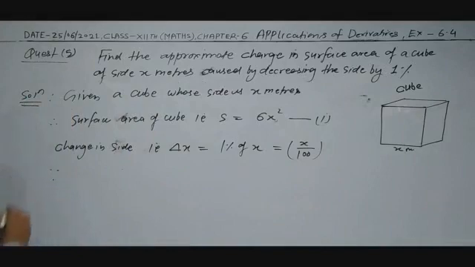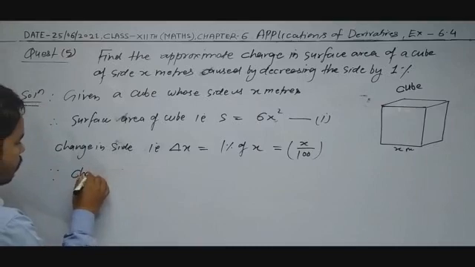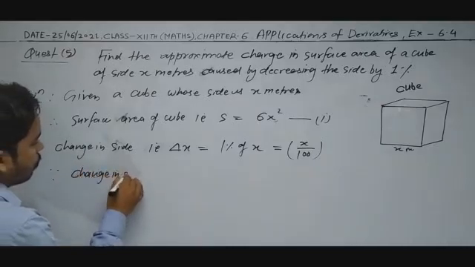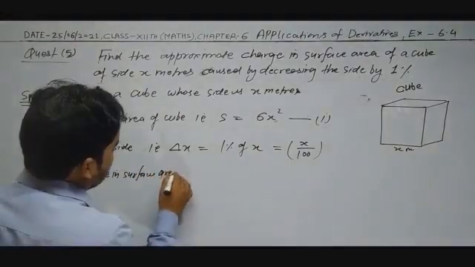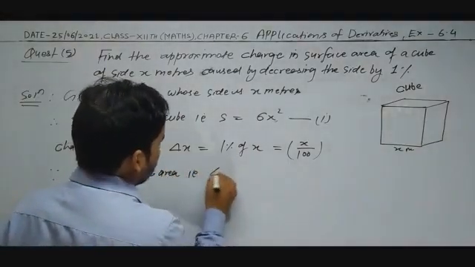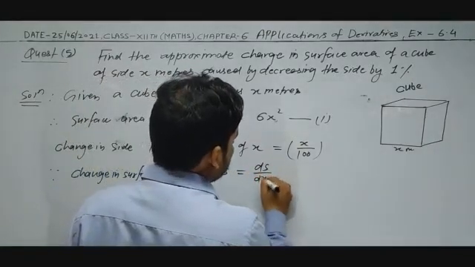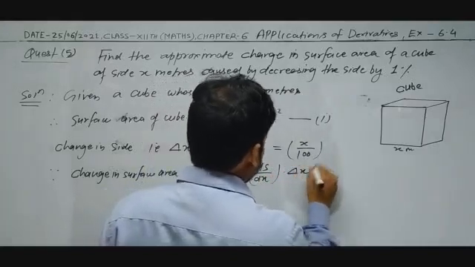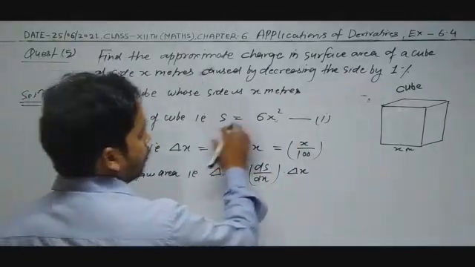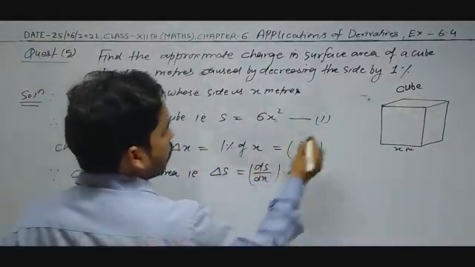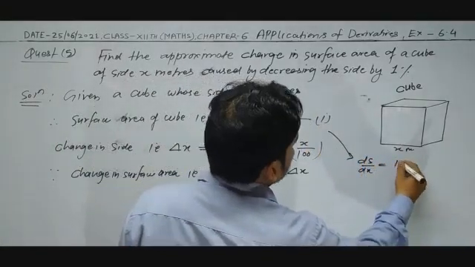Now since change in surface area, that is del S, is equal to dS upon dx times del x, and dS upon dx from equation 1 you can calculate. dS upon dx will be 12x.